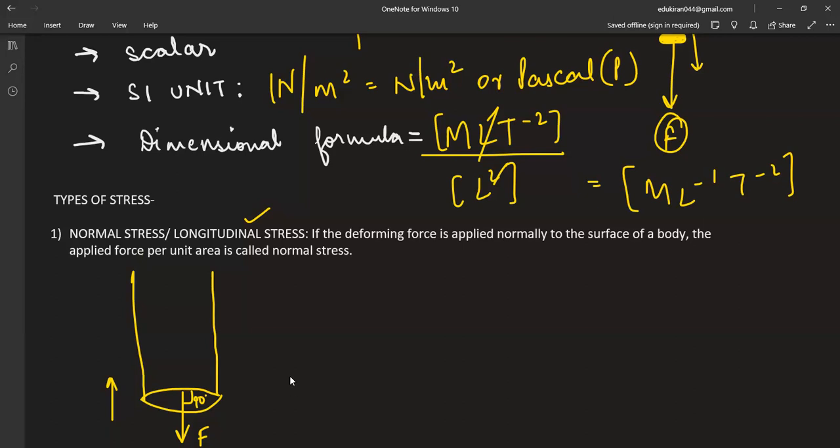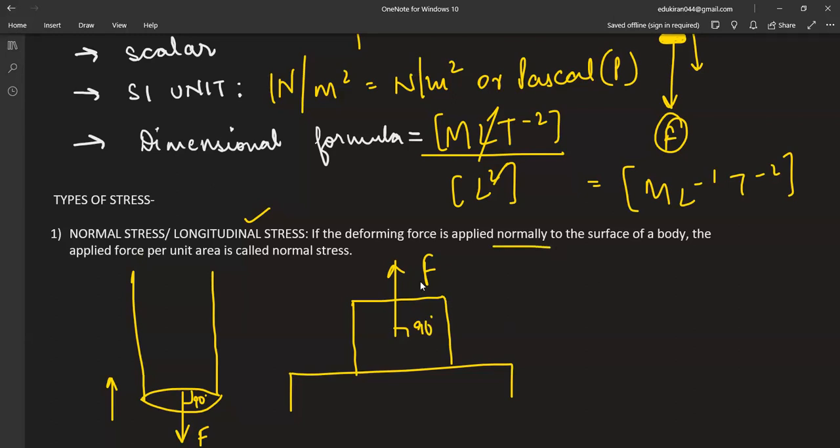Or if you take a different surface, for example, suppose on a table here, some deforming force is acting. So this is perpendicular to it. So when the deforming force is perpendicular, that is, the deforming force is applied normally to the surface of the body or the area of cross section in case of circular objects, then we call the stress the normal stress.